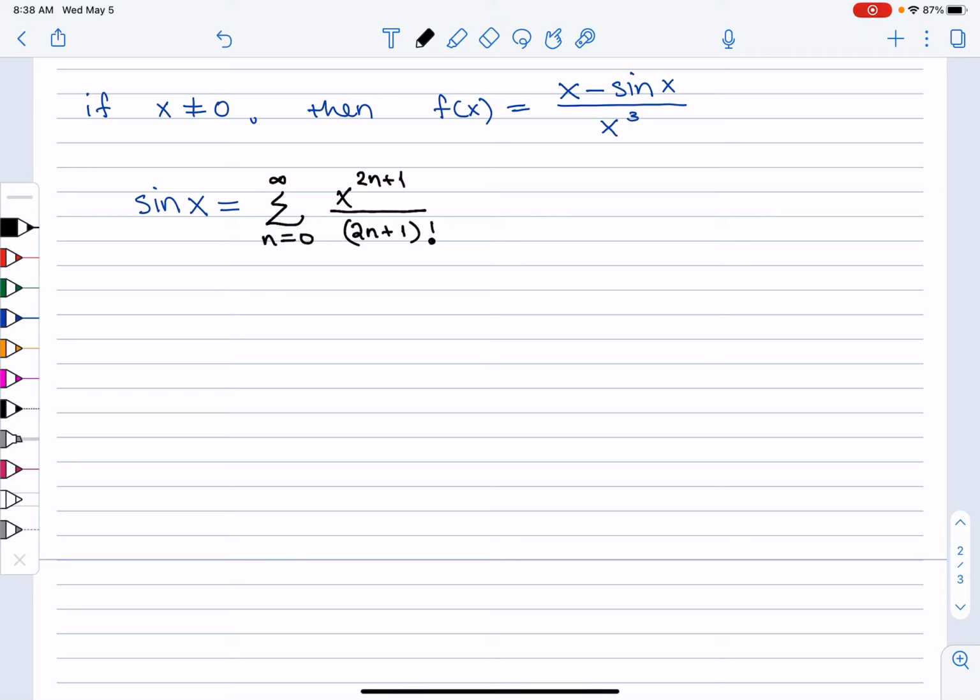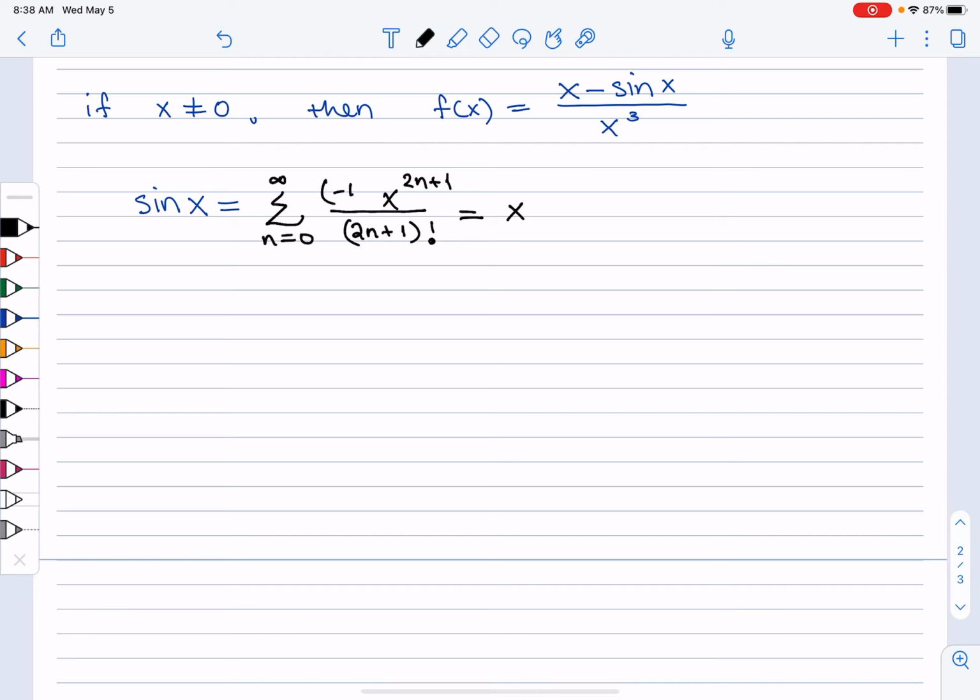And we know that this will expand to begin with x to the first power. If you let n be equal to 0, you have x to the first power over 1 factorial. And then we're going to have minus, so let me finish copying the formula down.